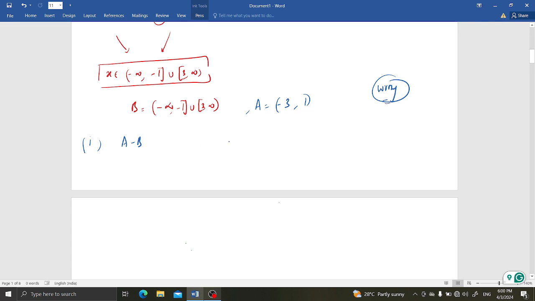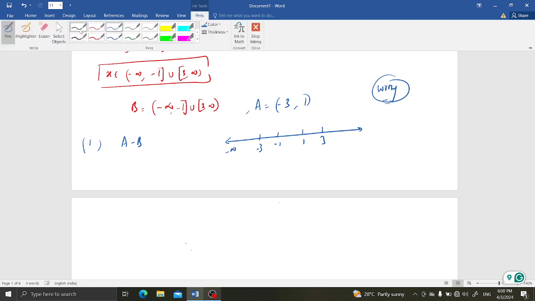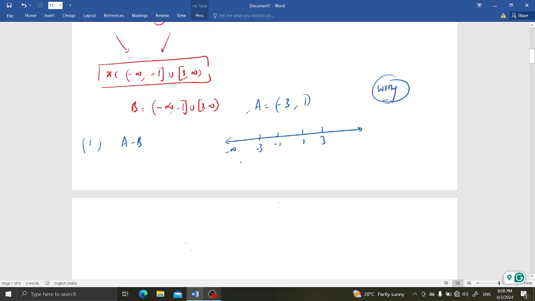So this is our real line: minus infinity, minus 3, minus 1, 1 and 3. Now set B is up to minus 1, including minus 1, and from 3 to infinity.